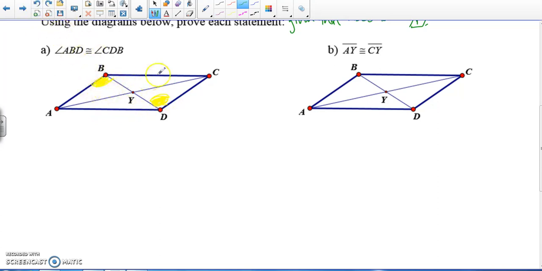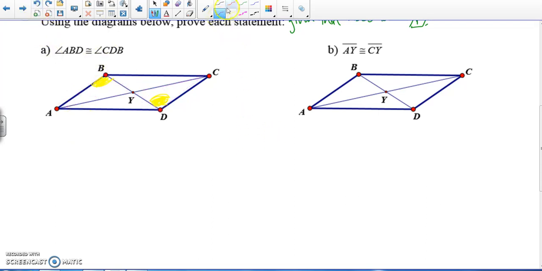Now, we had a question like this early in the year, and what some of you did, which was completely fine and correct, was you looked at these triangles here and here, and you used vertical angles, and maybe you said that the diagonals bisect each other, maybe you said the opposite sides of a parallelogram are congruent, and then you said the triangles are congruent because of SAS, therefore the angles are congruent because of CPCTC.